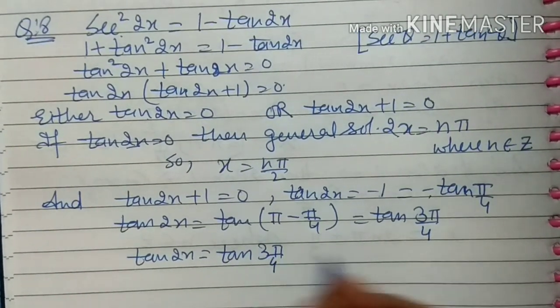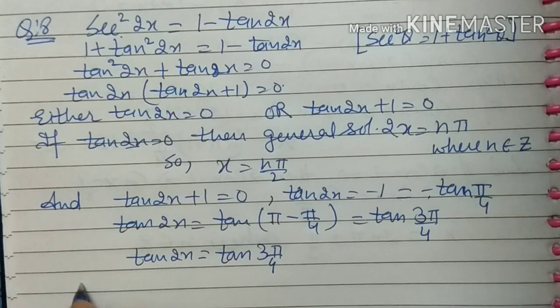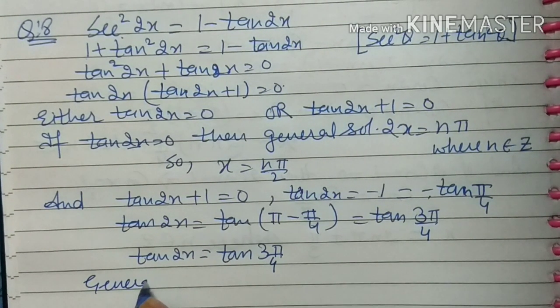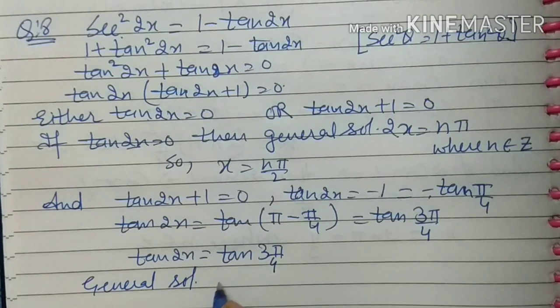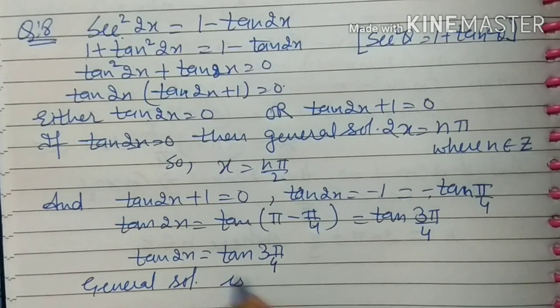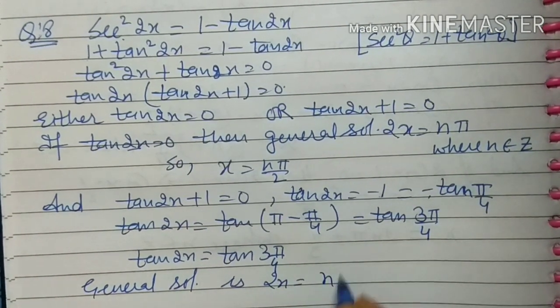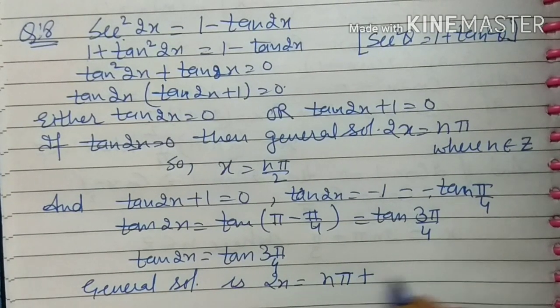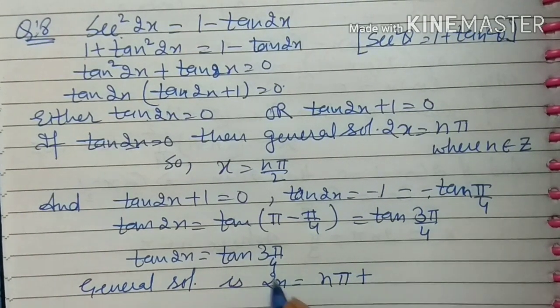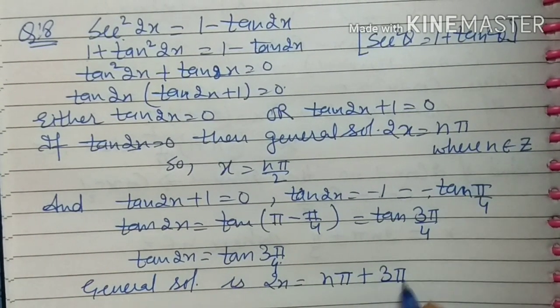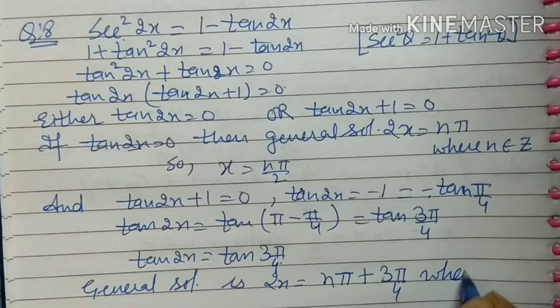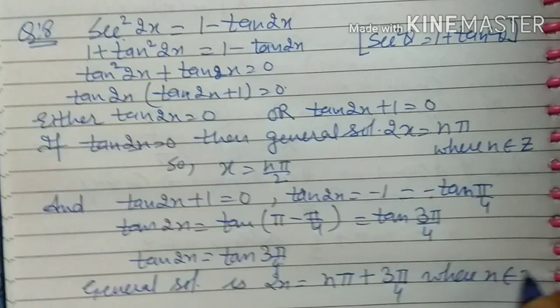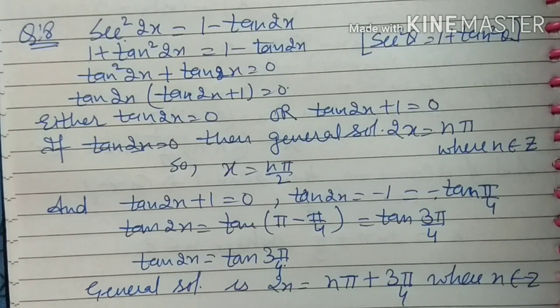Then the general solution will be 2x is equal to n pi plus y, here y is 3 pi upon 4, where n belongs to the set of integers.